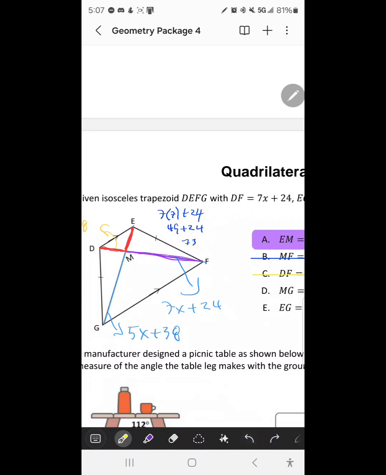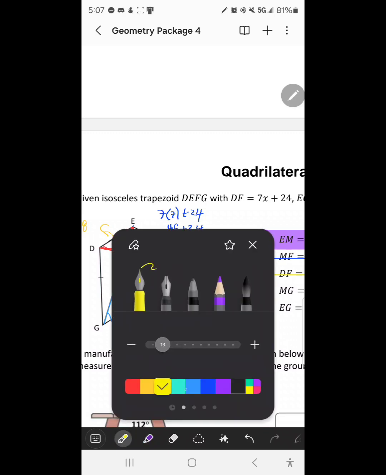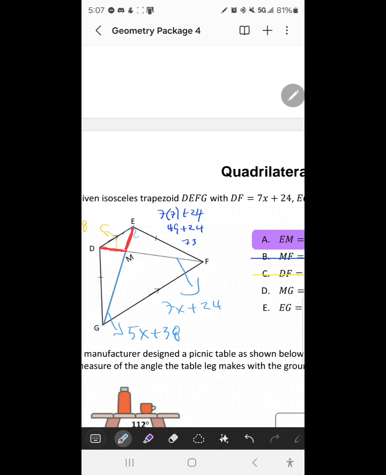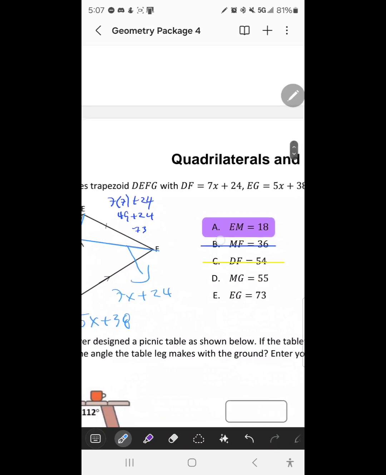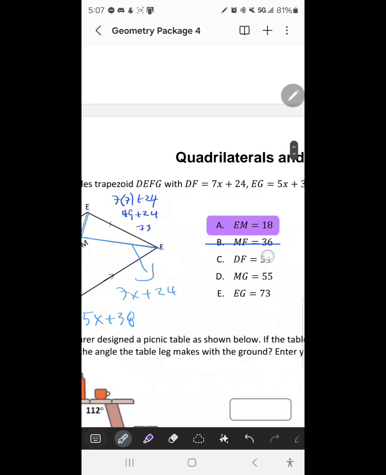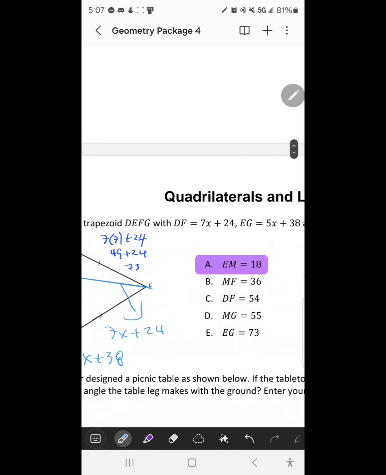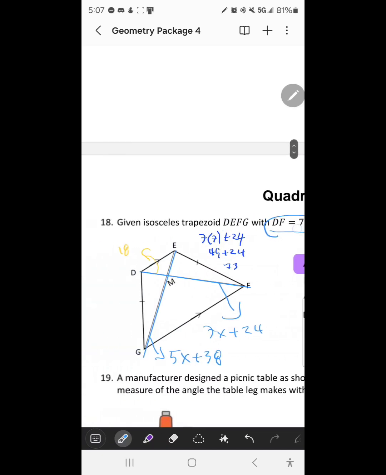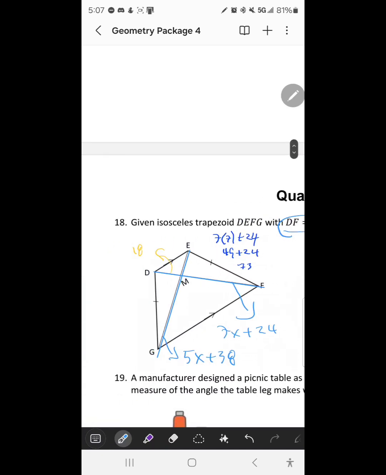I don't know what happened. But the value of x that we calculated here is for the whole diagonal. We say DF, the whole diagonal, is 7x plus 24. So 73 is the value for the whole diagonal.